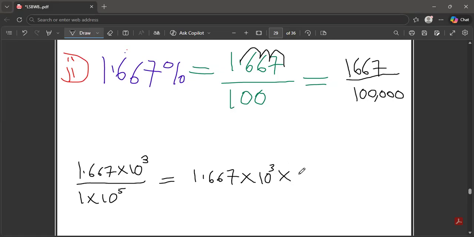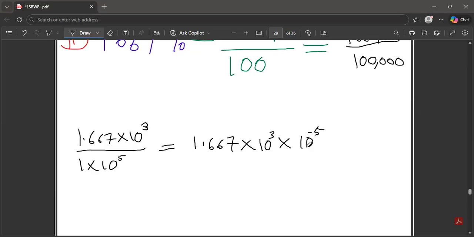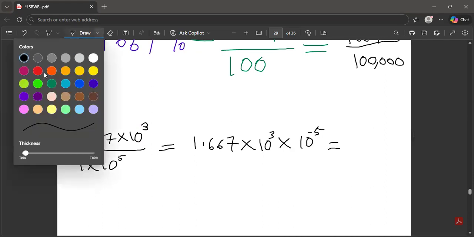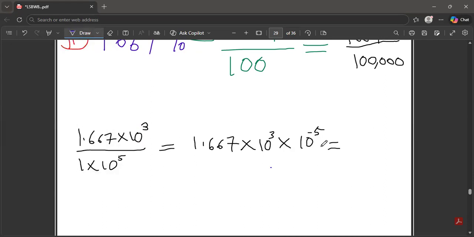But this is going to become an inverse, so it's now going to be 10 exponent negative 5. If you continue to simplify this, because in indices, if the bases are the same, you have to add the exponents. So this alone will give you 10 exponent negative 2. So you're going to be left with 1.667 times 10 exponent negative 2.